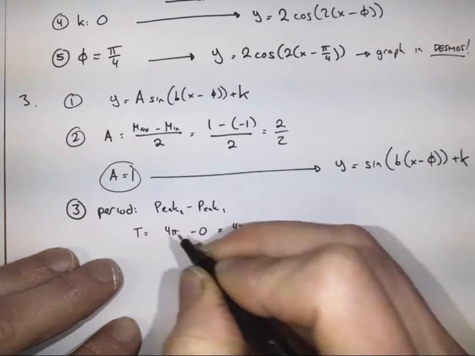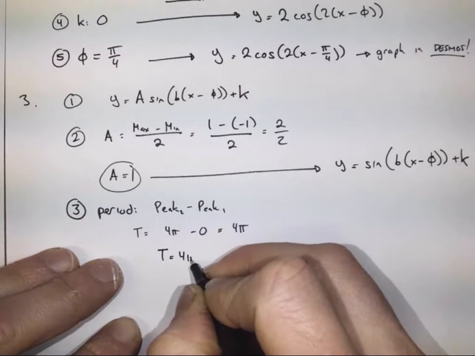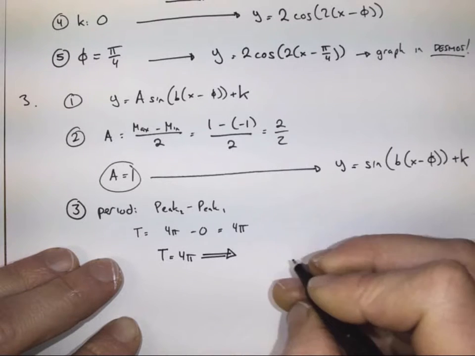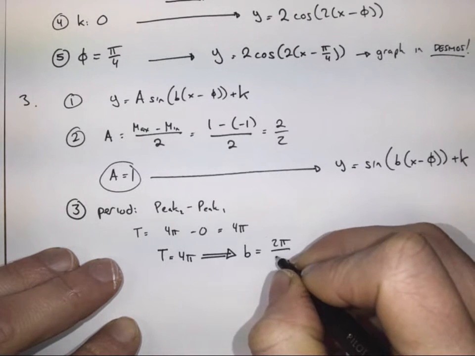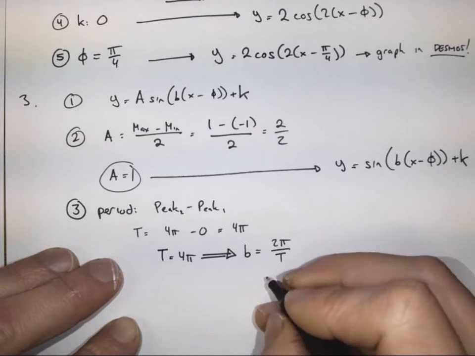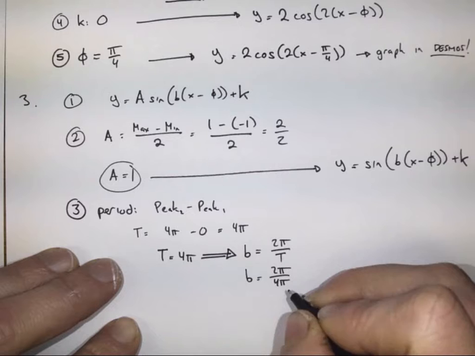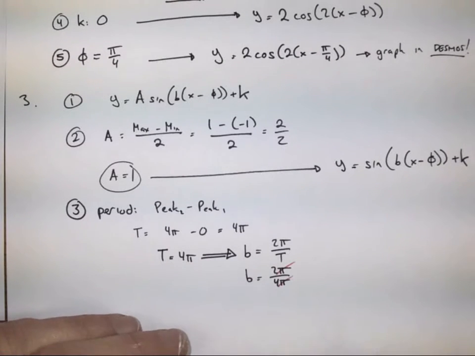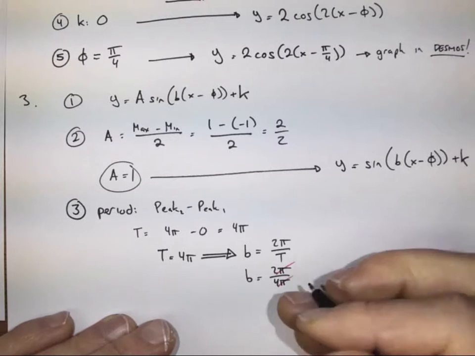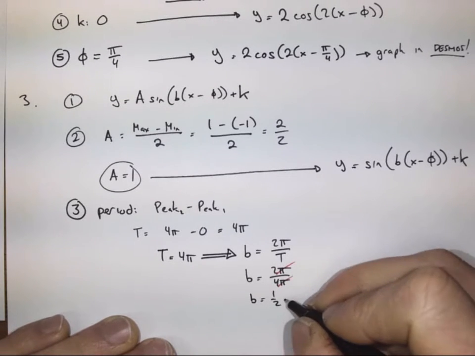So that is our period. Now, we have to then find our b value, which is 2 pi over our period. So our b value is 2 pi over 4 pi. And we can see some simplification that can happen here. These pi's disappear. We get 2 over 4, which actually is the same thing as a half. So our b value is a half.